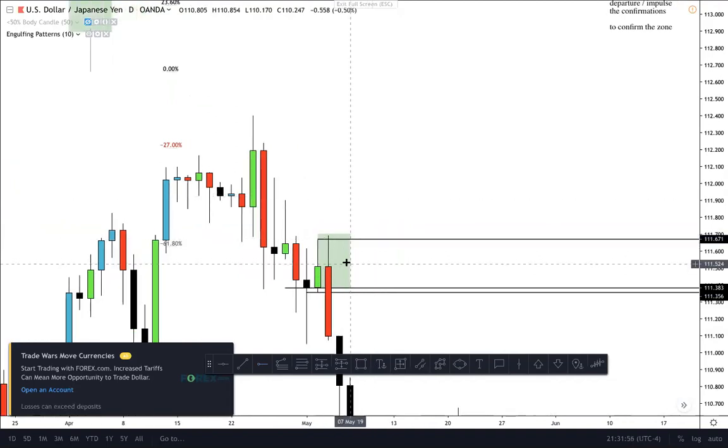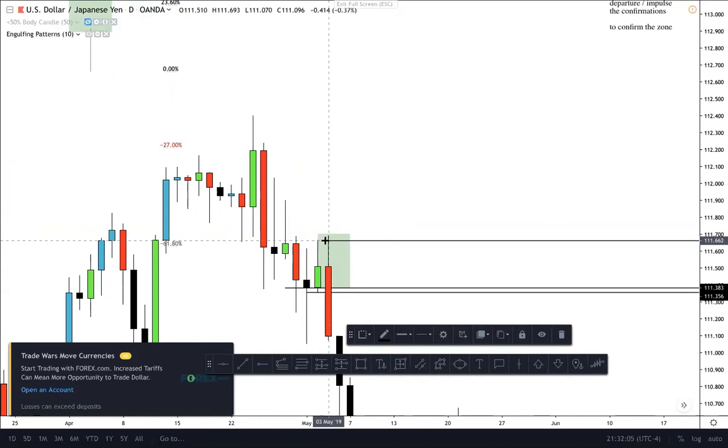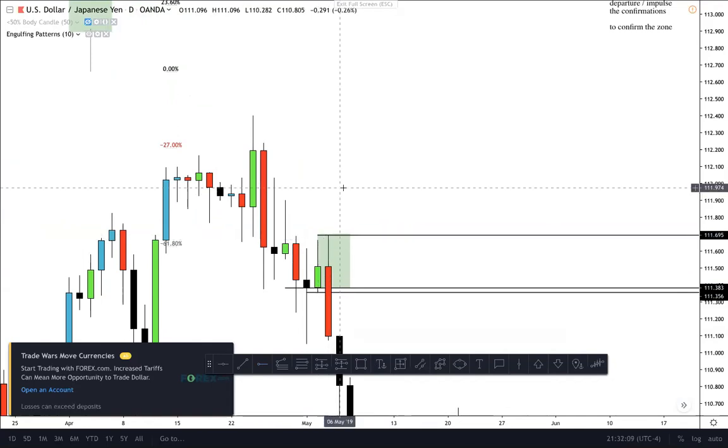Now, when you're drawing your base, you have to draw the base from the body of the candle to the highest point of the wick, right? And we can see that we have a wick that goes higher, so we would include this, right?